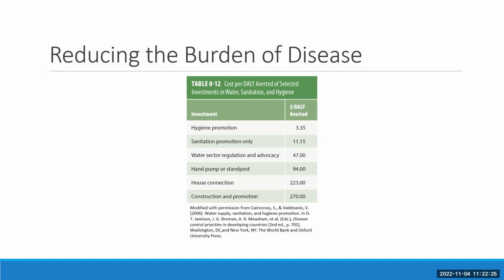And so the most cost effective is hygiene promotion. It only costs $3+ per DALY averted. If we can get people to wash their hands and engage more in hygiene behaviors, this is going to have the biggest impact and the biggest bang for our buck compared to these other ones that we know are important and work, but are more expensive and have less of a health impact.